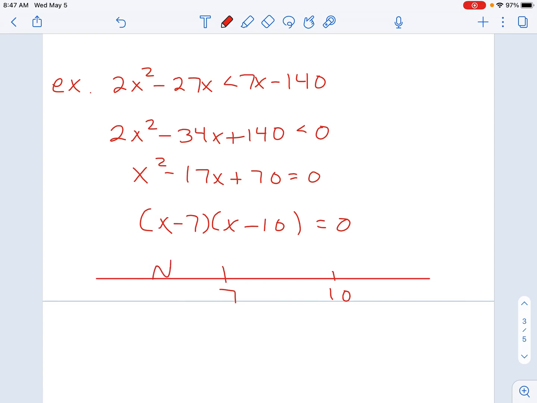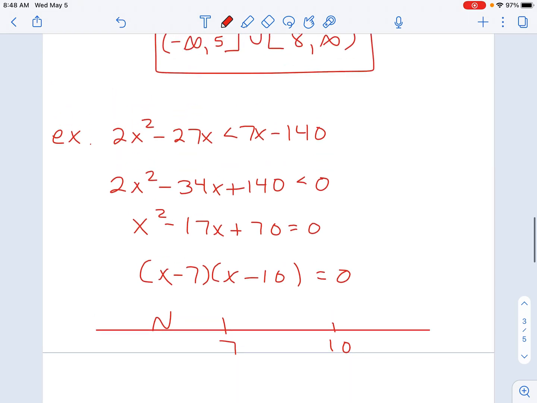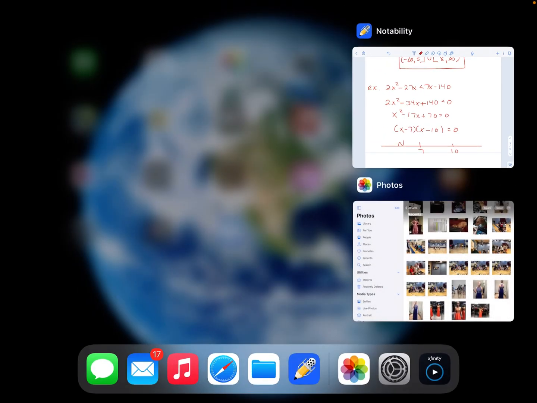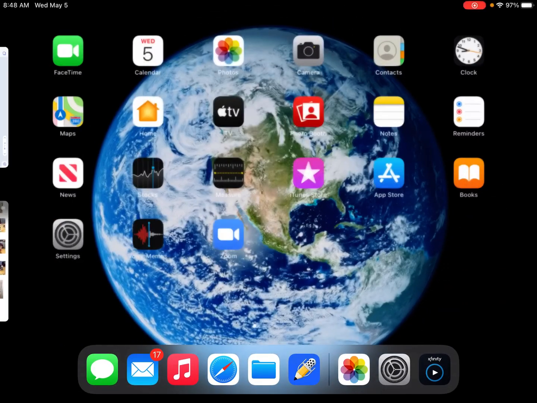Then I'll plug in something between 7 and 10, like 8. I'm going to do 2 times 8 squared minus 34 times 8 plus 140. So that might be a calculator question. Luckily I got one here.